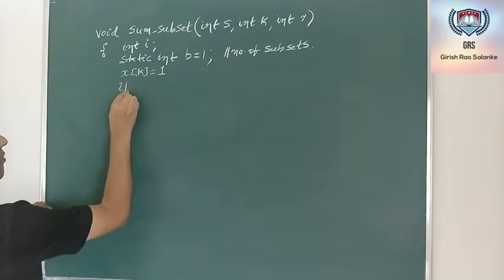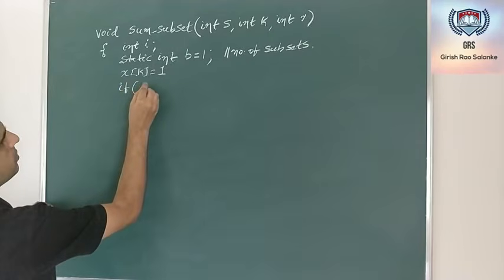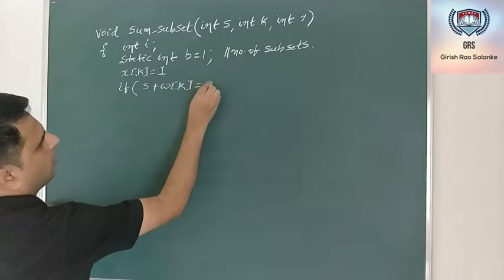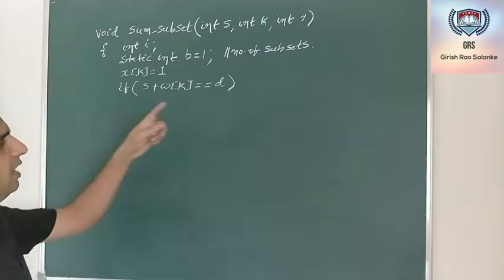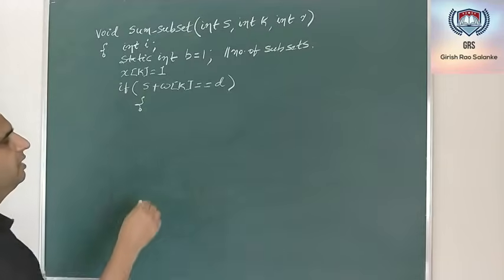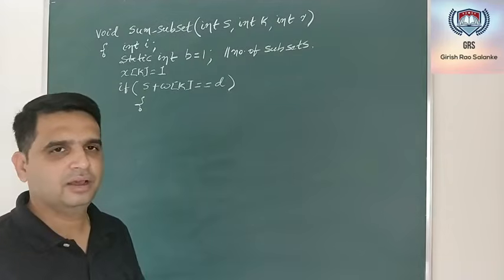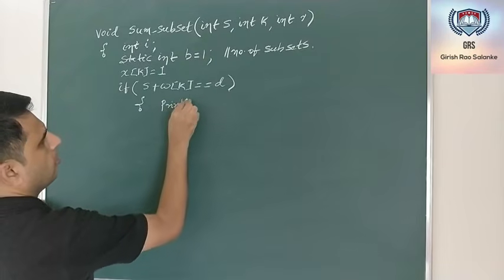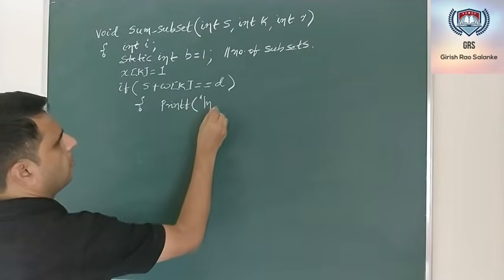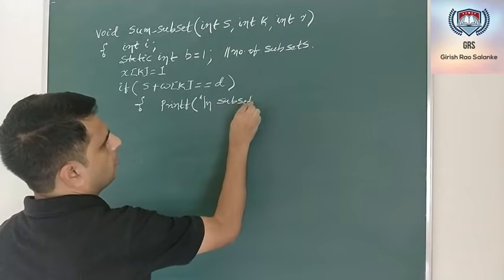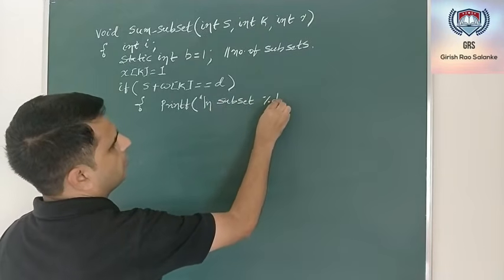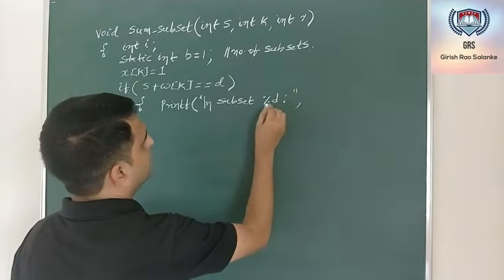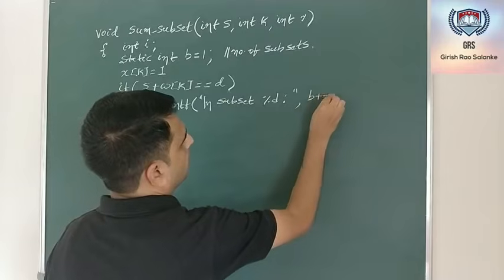Now if s plus wk is equal to d, if this condition is true, it implies that I have come up with one subset. Printf subset percentage d, which is nothing but my b plus plus.